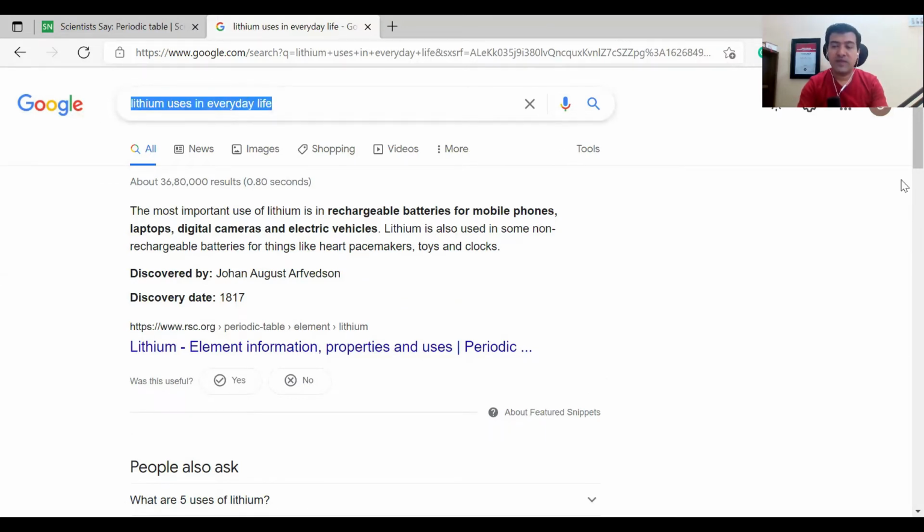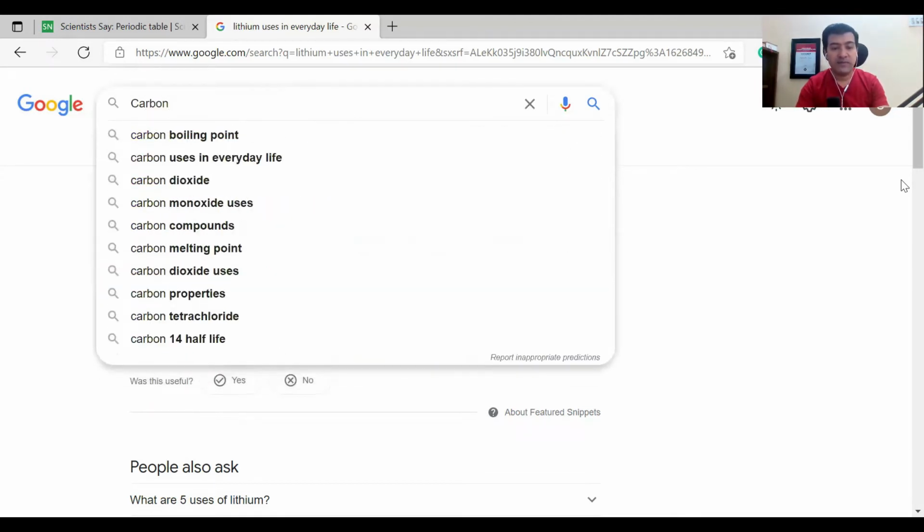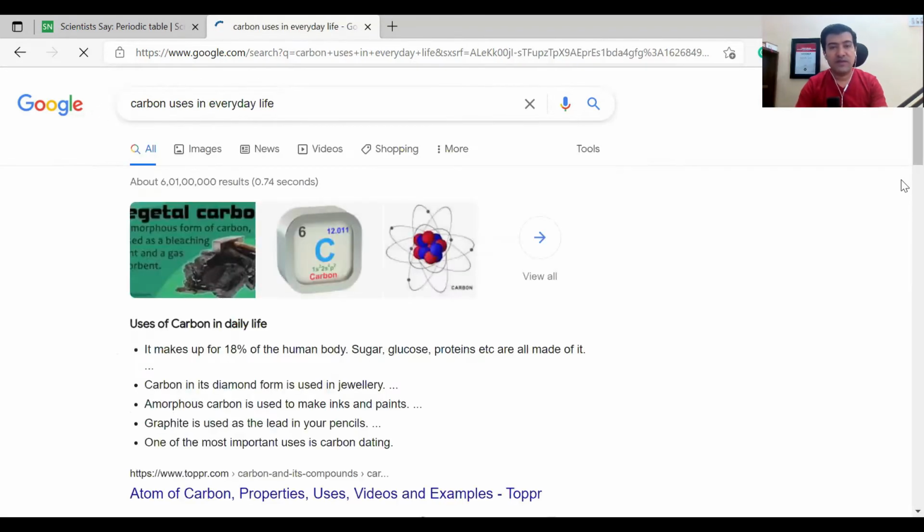Coming to carbon, what can you make from carbon? Carbon is used in daily life. It's 18% of our human body. It's used in jewelry. Okay. What kind of jewelry? Diamond.